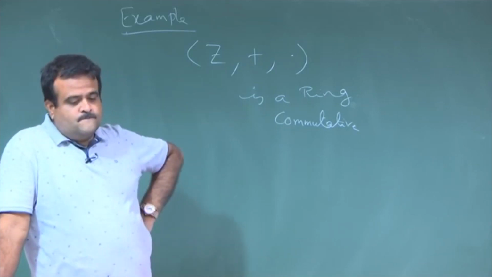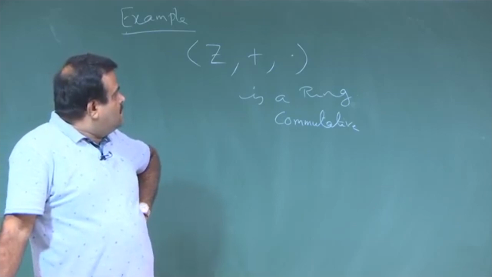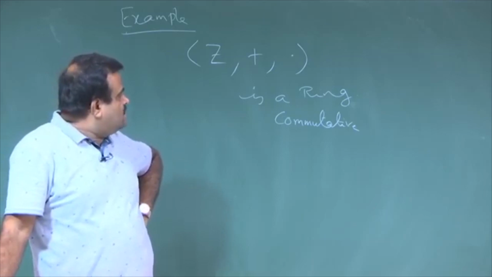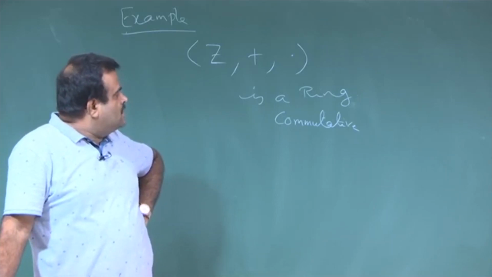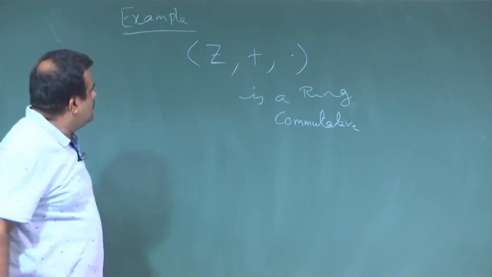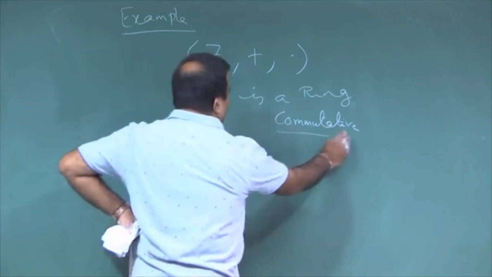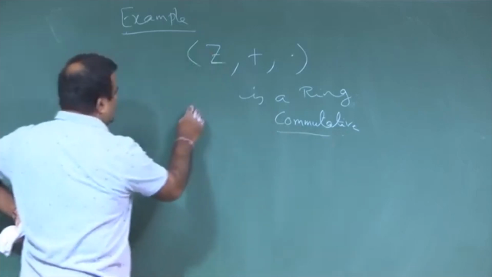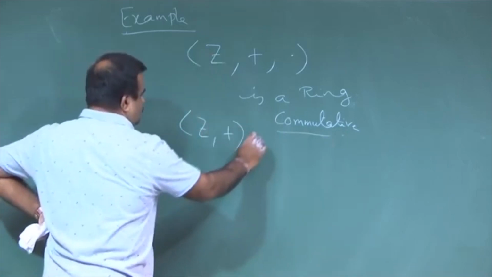Okay. Commutative ring, and an identity element other than 0 exists, because this is an abelian group, no doubt.